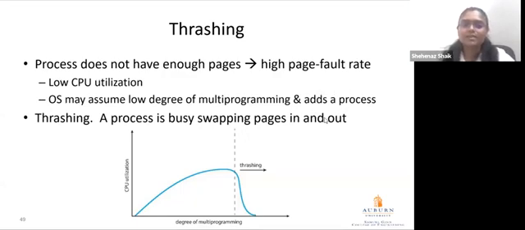That may again increase the number of page faults in the system.